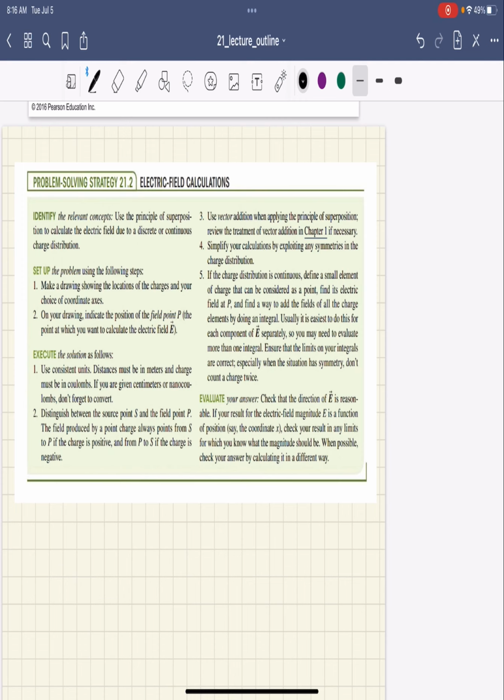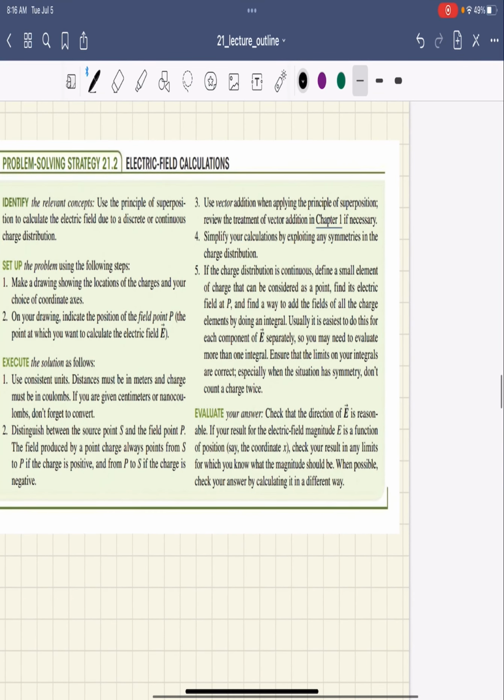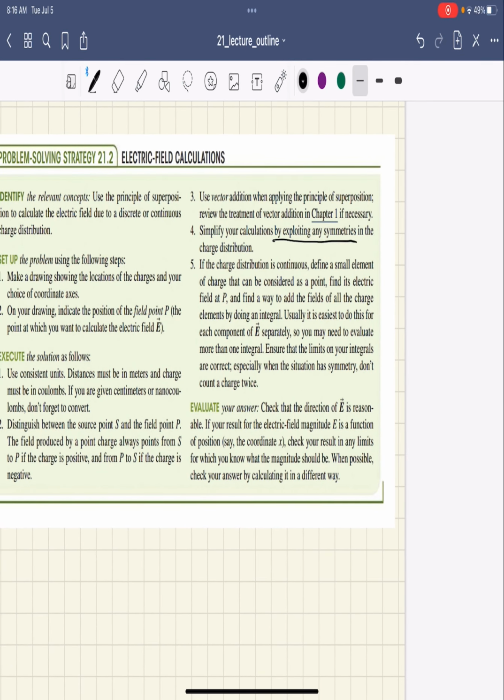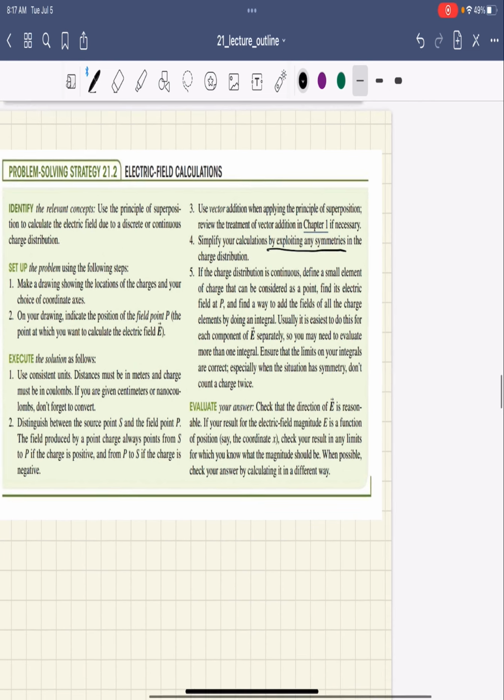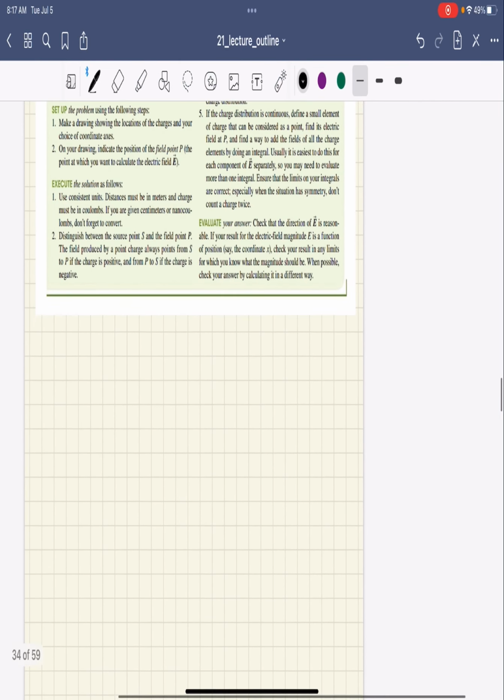Sometimes you will have symmetries where you can cancel some of the components, and we will deal with this case by case. If the charge distribution is continuous, define a small element of that charge, find the dE, which is the electric field because of that element, and then integrate. We are going to talk about this in a little bit.